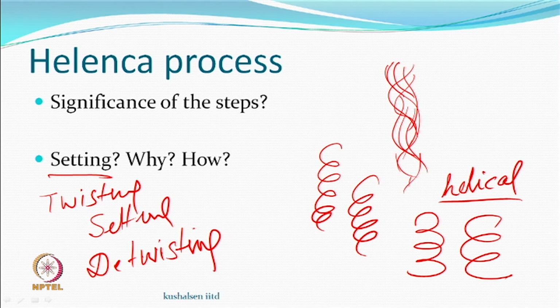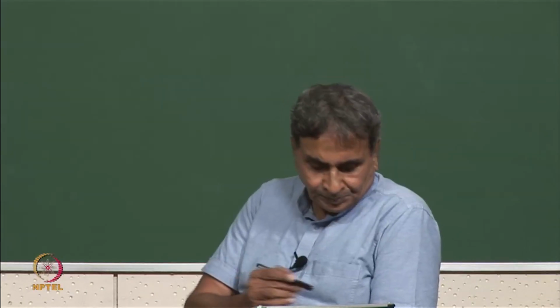So, principally you are twisting. Sometimes this type of method is also called twist texturing, that you are using twist as a medium of deformation. So, you are deforming the parallel bundle and then retaining that shape by some method and that setting.